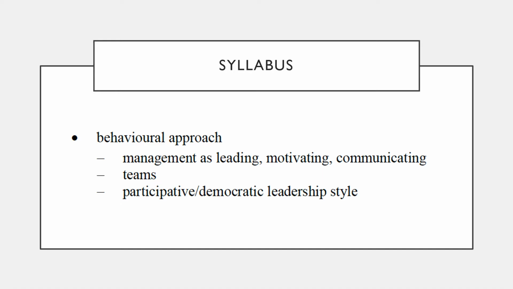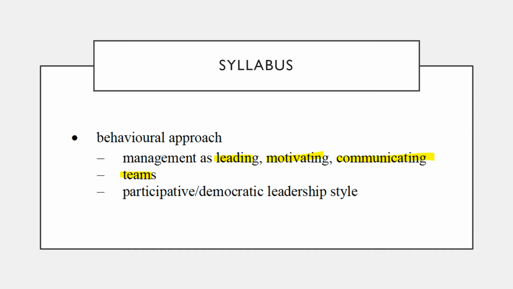So according to the syllabus, what we need to know is all about what the behavioral approach is and the characteristics of a manager who adopts a behavioral approach in having leadership characteristics, motivating and communicating characteristics. The behavioral approach also emphasizes the concept of using teams rather than the hierarchical organizational structure. So there are smaller teams that are all on a sort of level playing field.